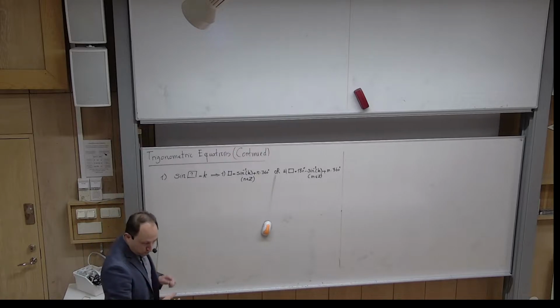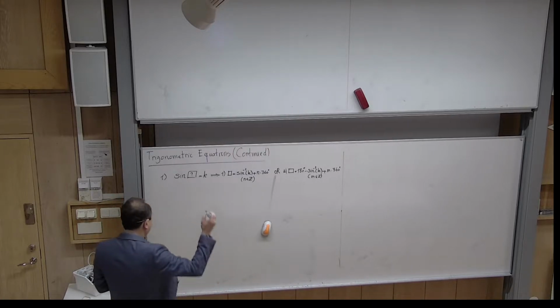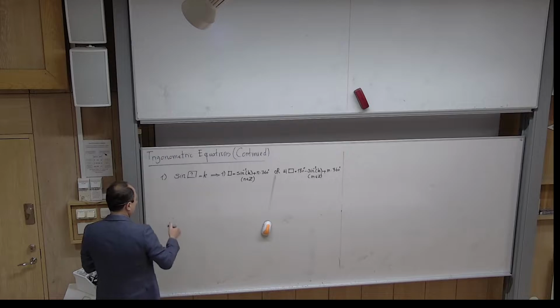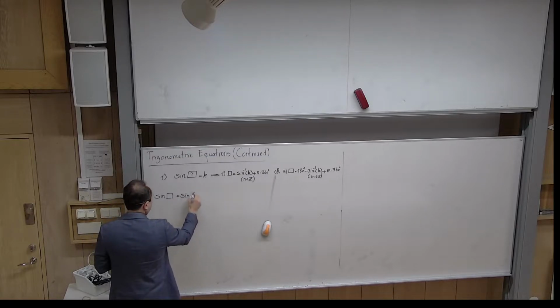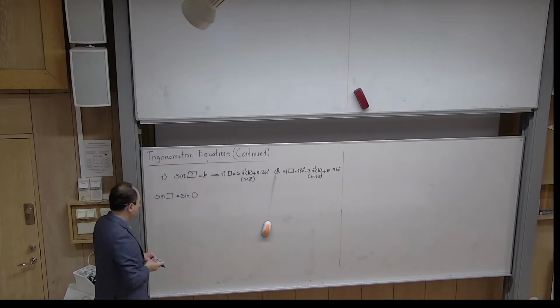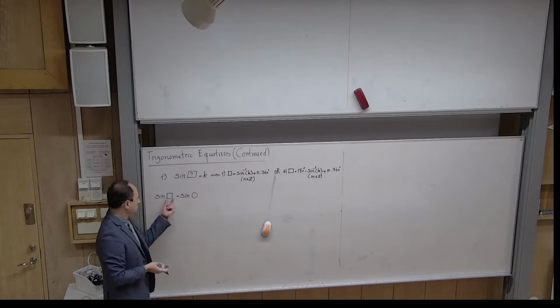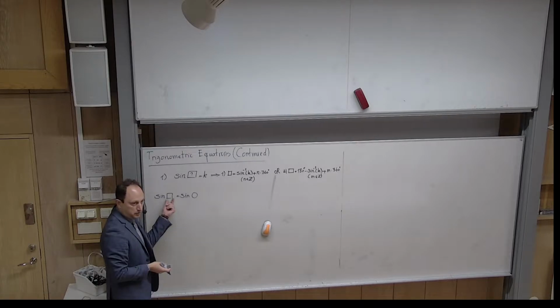But I want to ask your opinion, I changed my color. This is something a little bit new. What do you think will happen if I have sine of something not equal to k, but equal to sine of another angle? One possibility is of course that what is inside the box is equal to what is inside the circle, yes?